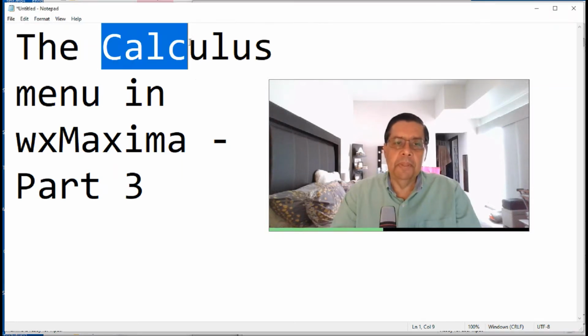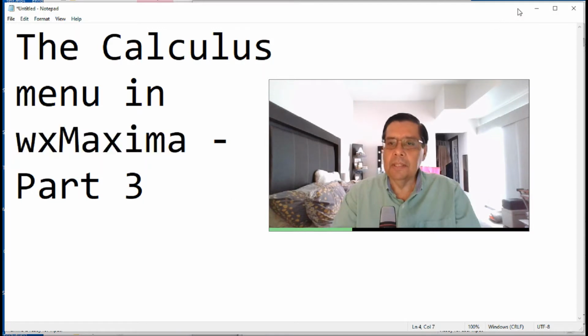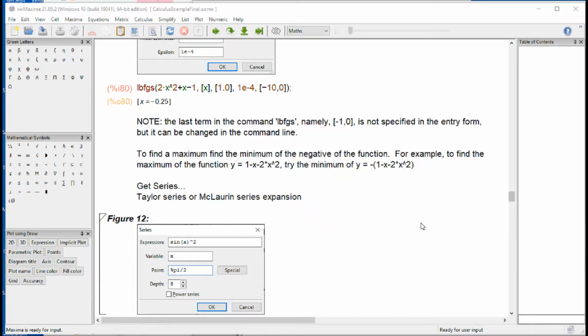We continue presenting the calculus menu for wxMaxima, and we're going to start with calculating a maxima. It's a concept that I skipped last time, but basically it says that finding the maximum of a function is equivalent to finding the minimum of the negative.